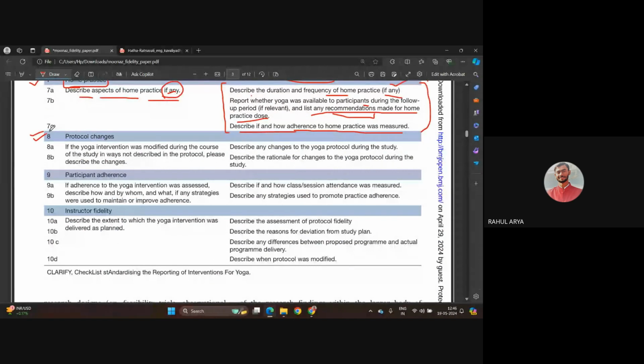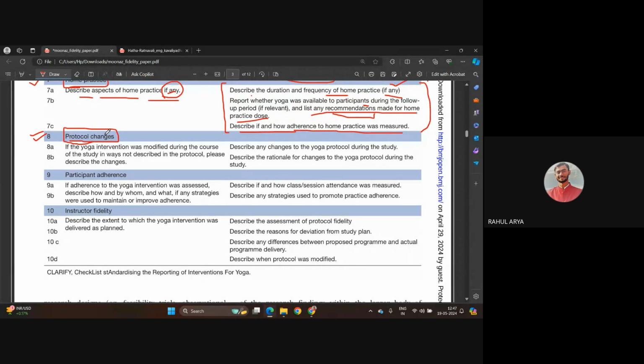Item number 8 is protocol changes. Sometimes practically it happens in every module, every study. If it rains too much one day, suddenly, and your intervention is cooling pranayam, at that period you cannot provide the practice, otherwise it will affect negatively.